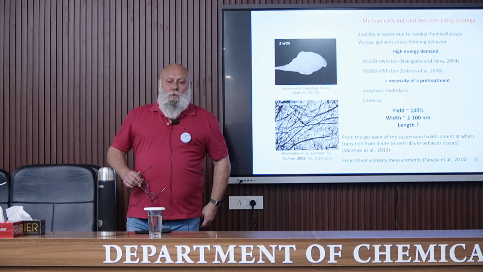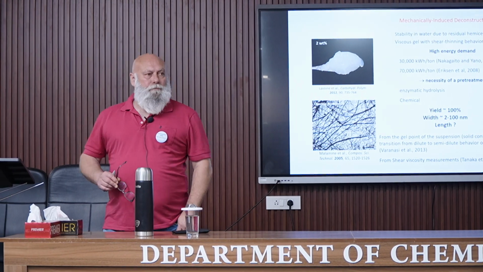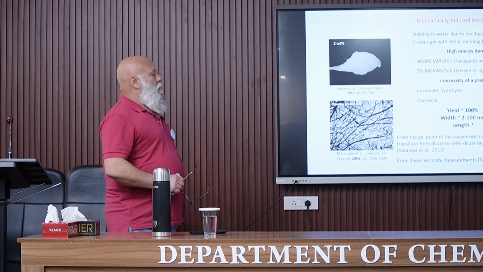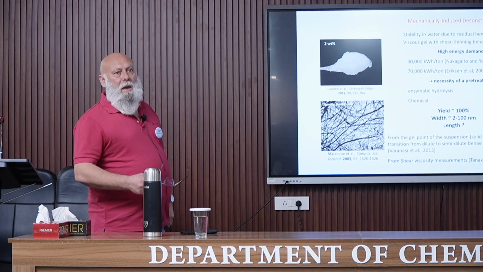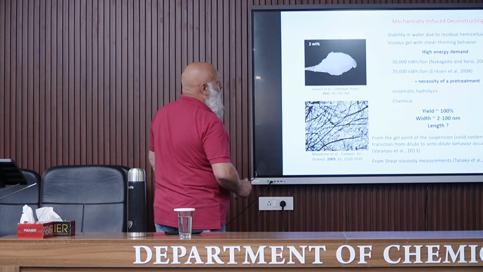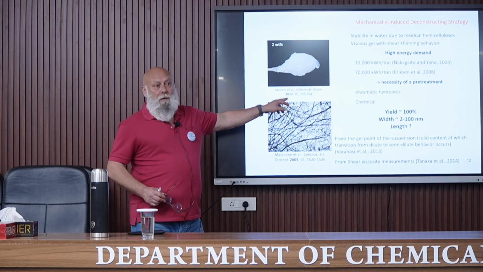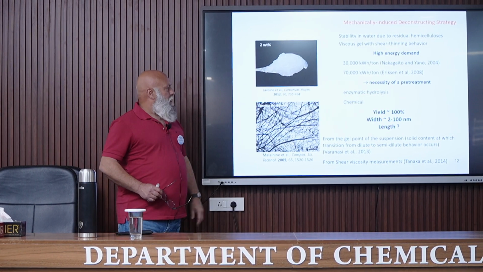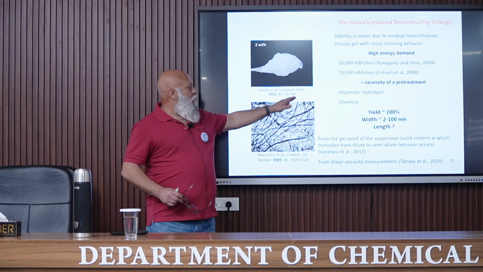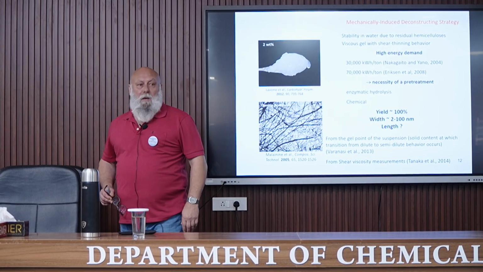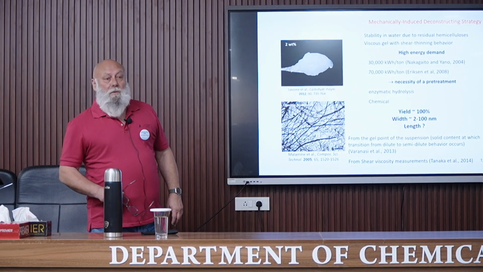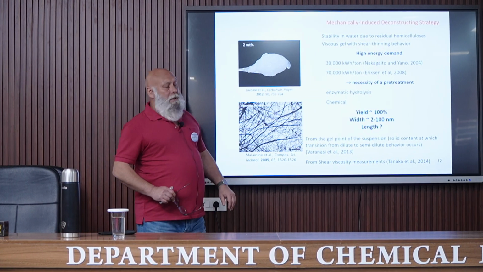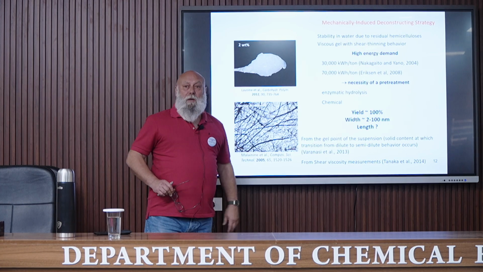As I told you, this was discovered in 1983, but it was a lab curiosity because the main problem for any application is the high energy demand. The energy demand is very high to obtain this kind of material, so some pretreatments have been proposed in order to reduce it. It can be an enzymatic hydrolysis or a chemical treatment.